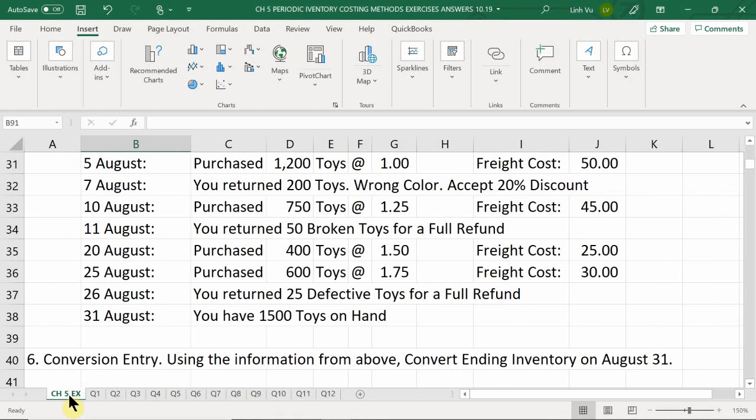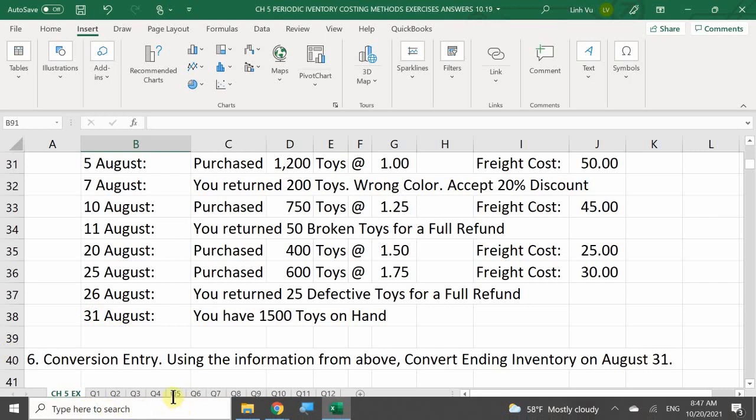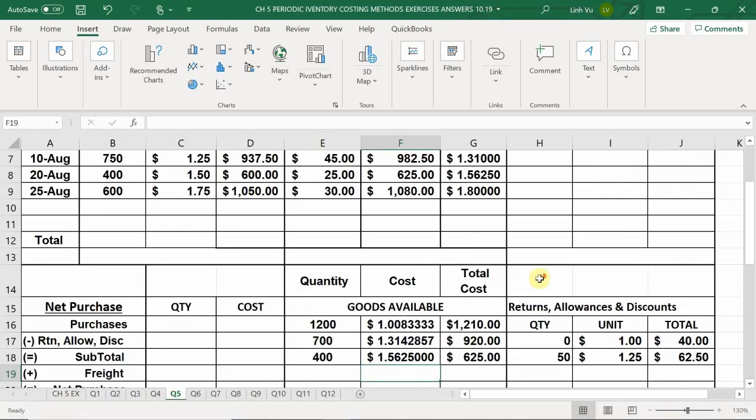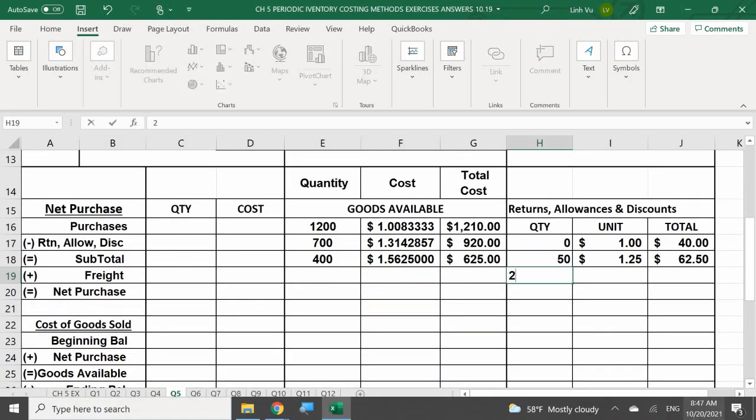26th of August. You end up returning 25 defective toys for a full refund. So 25 of those toys are defective. So we're returning 25 of them.